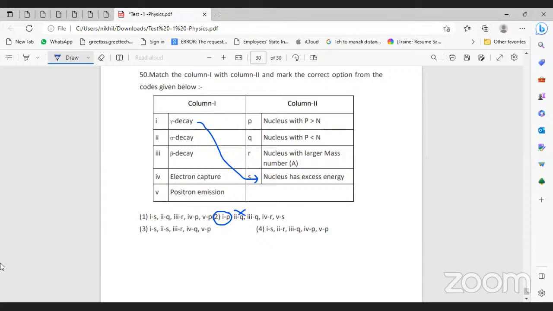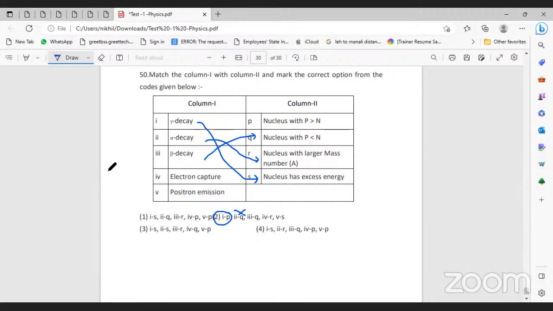Coming to the alpha decay. Alpha decay is balanced with nuclei having a larger mass number. Yes, because alpha decay takes place when a heavy nucleus undergoes disintegration. And you know that in beta decay, the proton number will be less because an electron is coming out in the beta decay process. So one proton will be less.